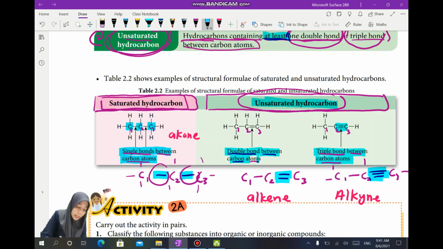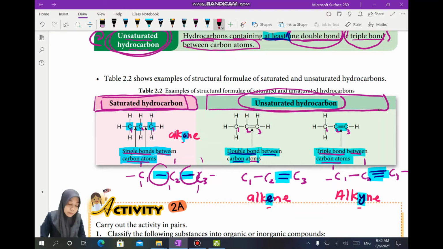Beza dia pada ni alkane A, alkene E, and then alkyne Y. Kalau dalam bahasa Melayu, alkana, alkena, alkuna. Tak apa, jangan risau. This one kita akan tengok go further for the homologous series nanti.